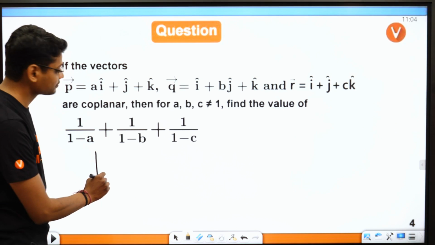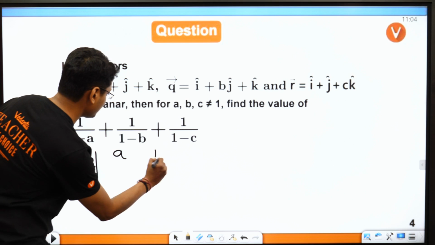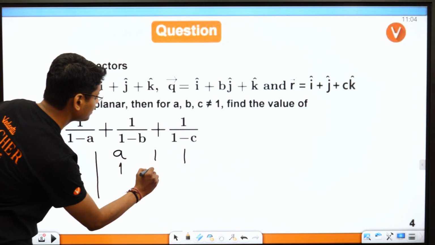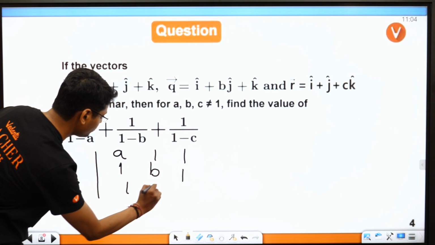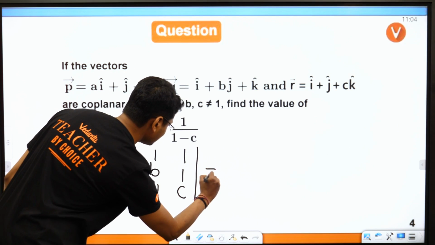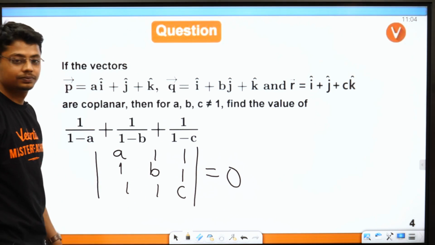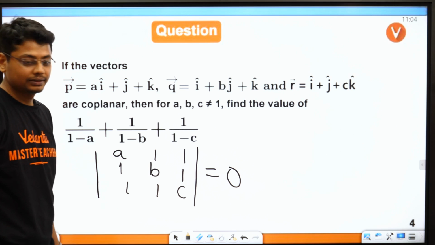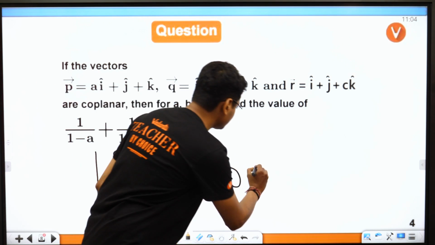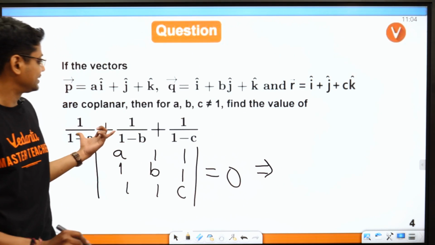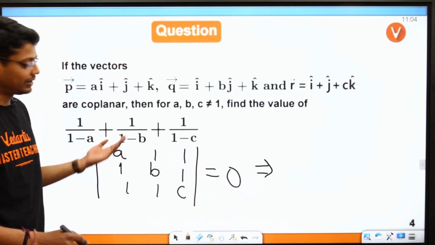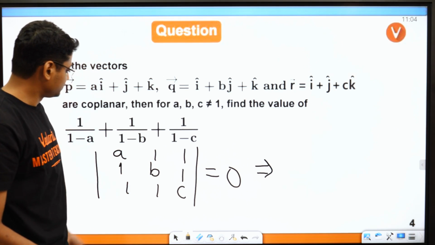determinant A 1 1, 1 B 1, 1 1 C, this will be 0. Alright, so now I can solve this determinant and try to get this expression so that I can find its value. So what will I do?